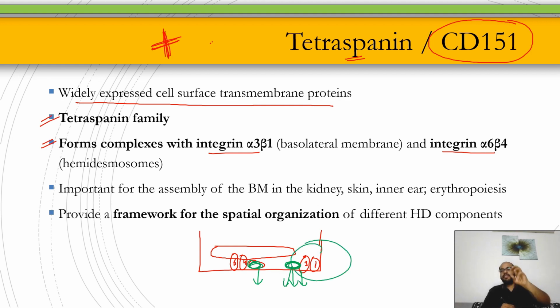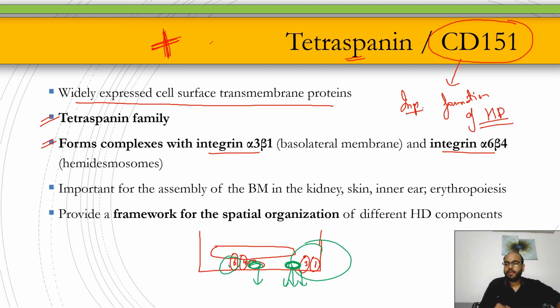When CD151 was reintroduced into the animal model, the attachment of laminins shifted from alpha 3 beta 1 to alpha 6 beta 4 and the hemidesmosomes were formed. So it was postulated that CD151 is a very important molecule for formation of hemidesmosomes. Since it has four large arms to collect all the proteins, it will form hemidesmosomes. And it is a very essential protein for the structure and the assembly of hemidesmosomes.